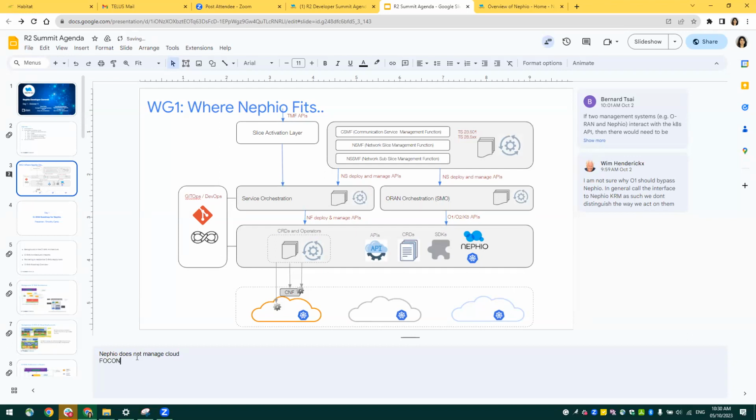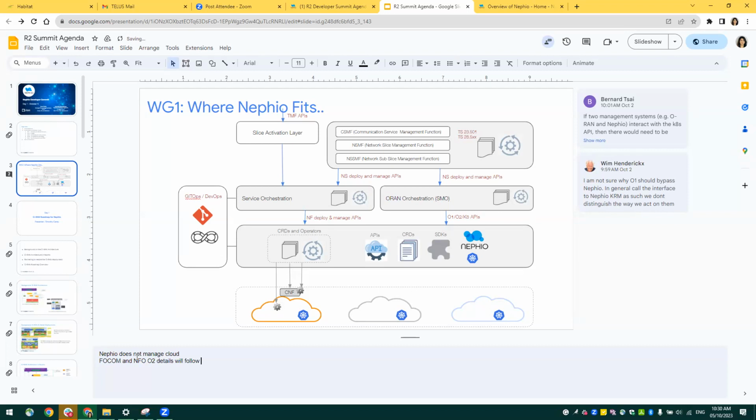If you look, for example, at ORAN SMO, ORAN has this whole way of managing the clouds, right? So there should maybe be a line from ORAN to the clouds as well. But you don't want it to get more complicated. By simplifying it in this layered approach, if we're saying where Nefio fits, well, Nefio is not the cloud manager, and it kind of looks like it from this diagram.